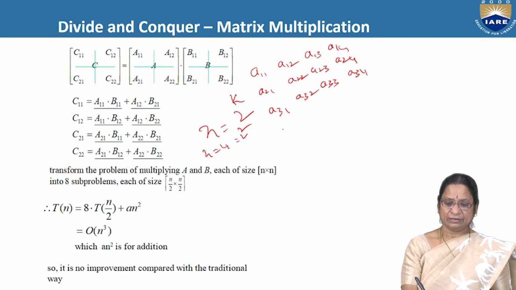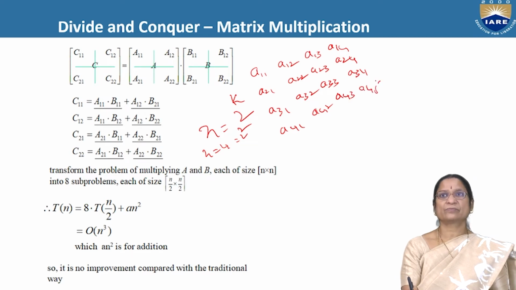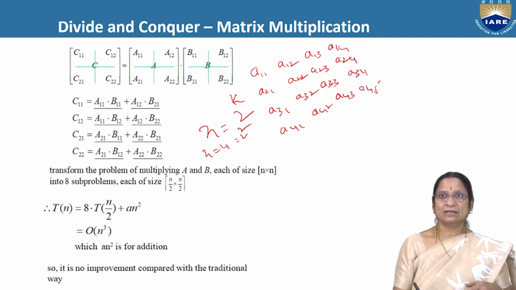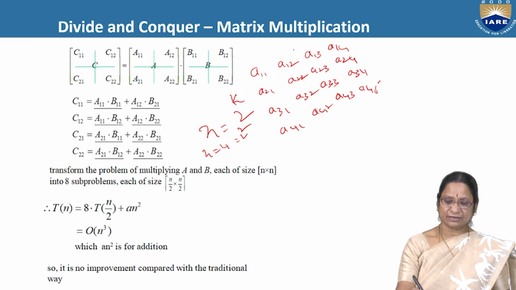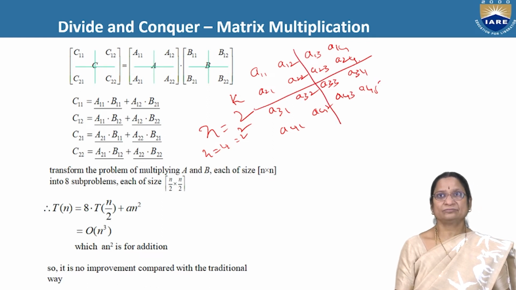And A41, A42, A43, A44. That is a 4 by 4 matrix. So n value is 4, it can be represented as 2 square. That's why we can divide our matrix into 4 submatrices, each submatrix of order 2 by 2.